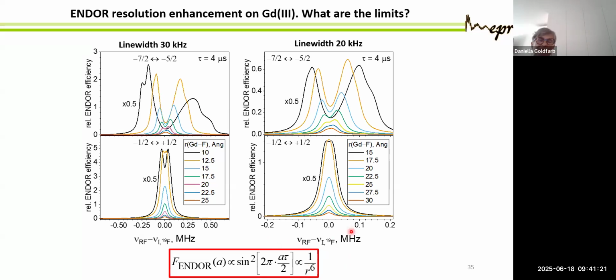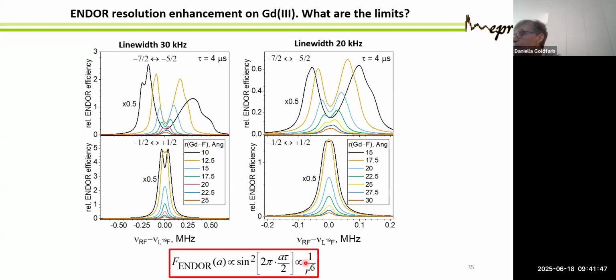This is easy, but you can maybe extend further by measuring the ENDOR effect, because even if you don't have resolution, you can measure the intensity of the peak. But for this, you need very, very good calibrations. And we all know that intensities are more difficult, but you can extend it further.